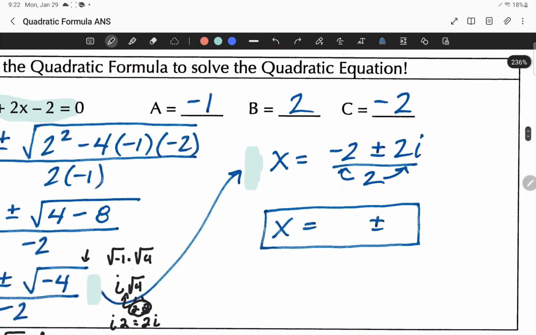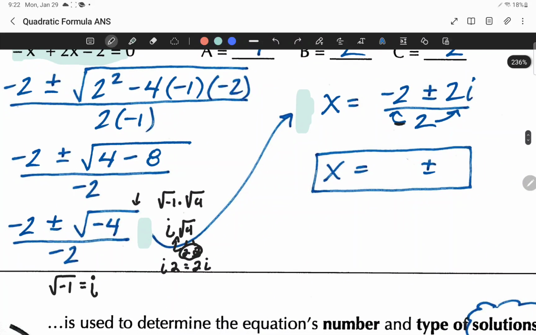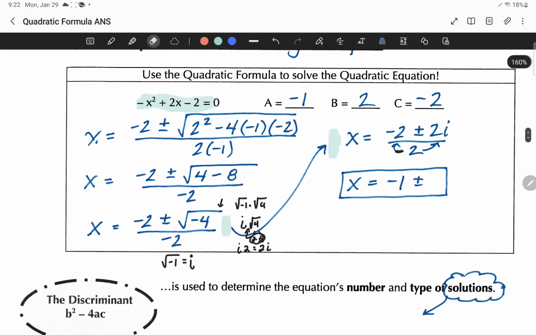2i. Now, the negative 2, we already had it in front. And on the bottom, we had a negative. I think there's still supposed to be a negative right there. Okay, so that's everything that we have. We have a negative on the bottom. We have a 2 on the top. Now, what we're going to do, we're going to be separating both of those things into two different fractions. So, the 2 is going to divide. So, it's going to be 2 divided by 2, which is going to be negative 1. Which in this case, it actually should have been a positive 1, not a negative.